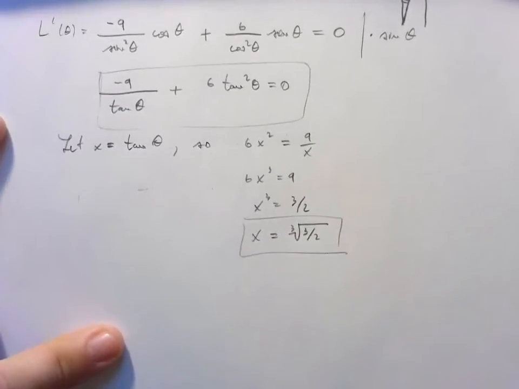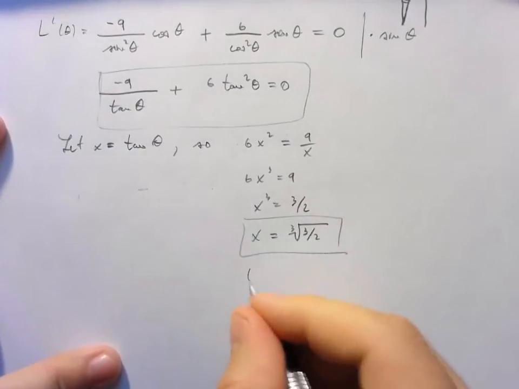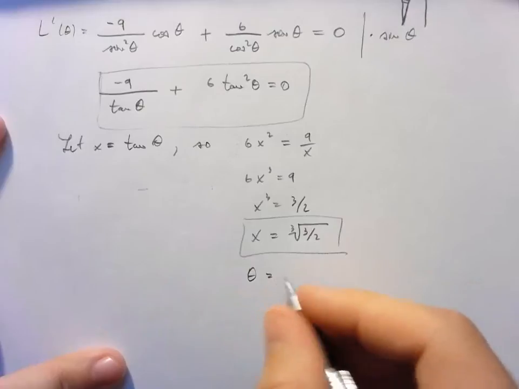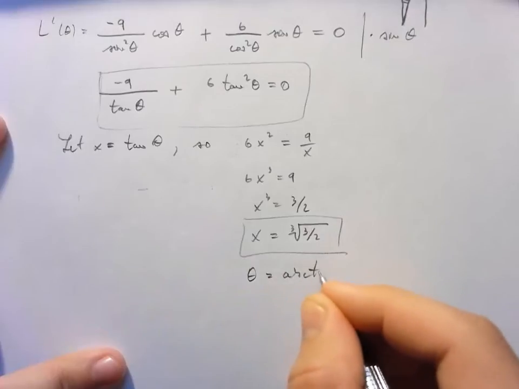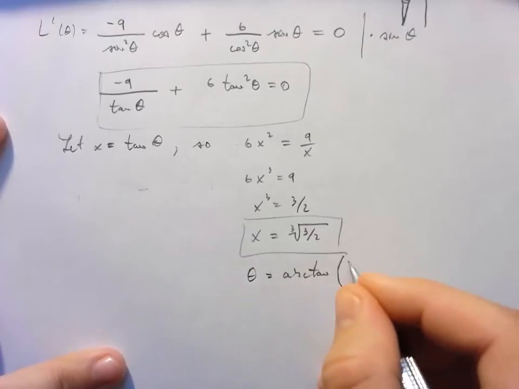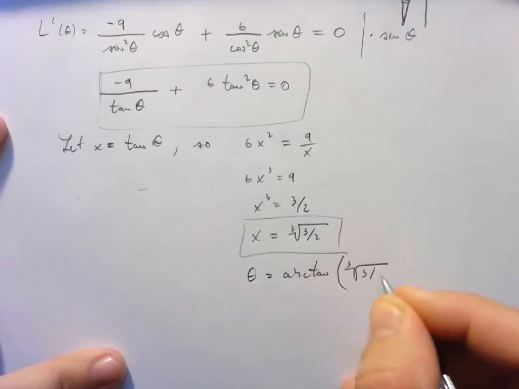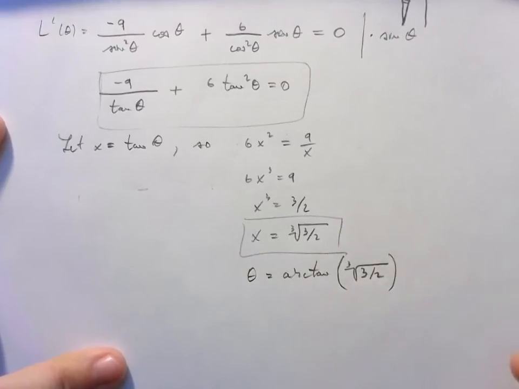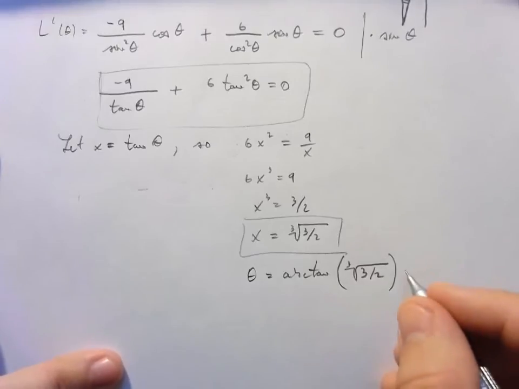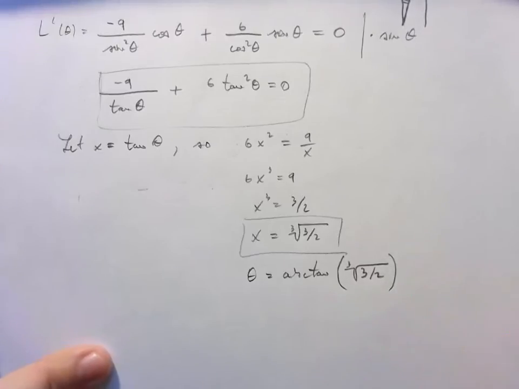But x is tangent of theta, so that tells me that theta is the arctangent of this value. Of course this is not a particularly nice value, but we can approximate it using a calculator.